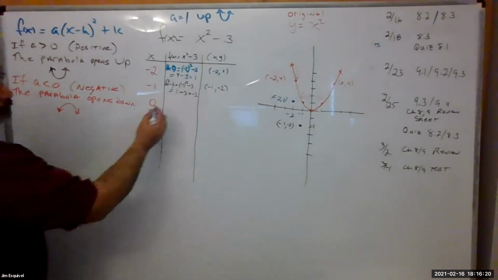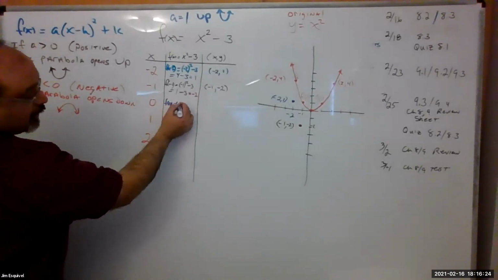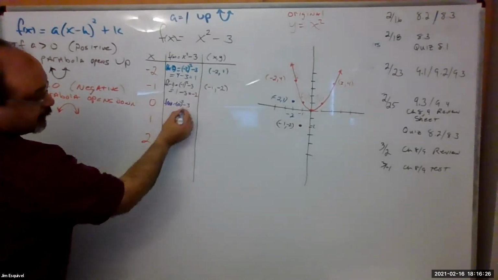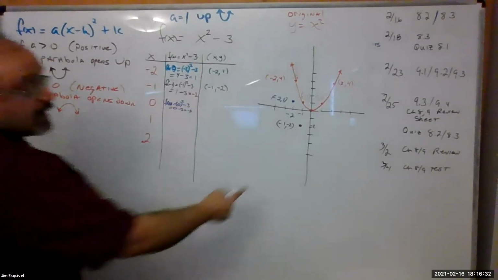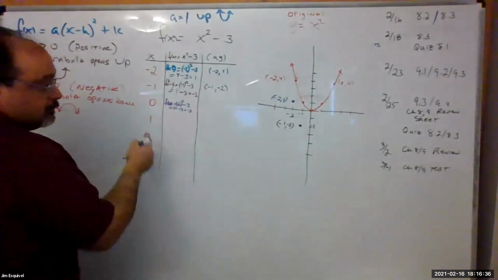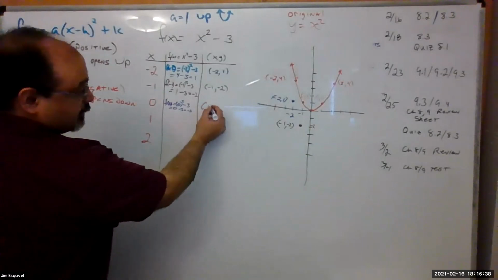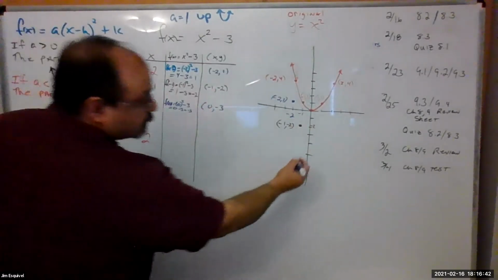And then 0. So 0 squared minus 3 is 0 minus 3, and that's -3. The last time we plugged in 0, it was at the origin, (0, 0). This time the y value is -3.